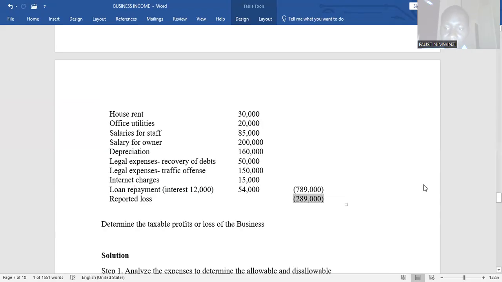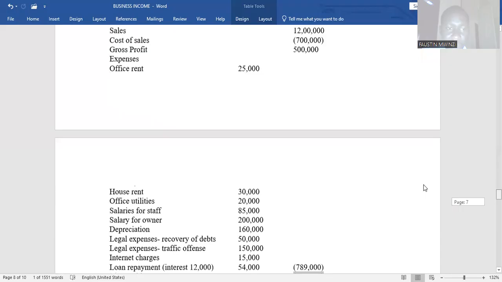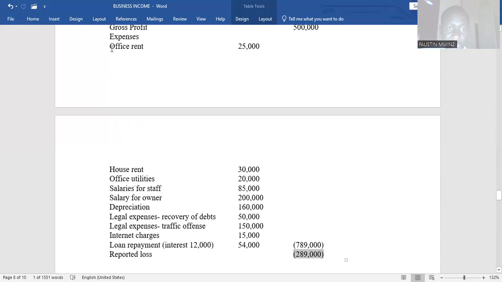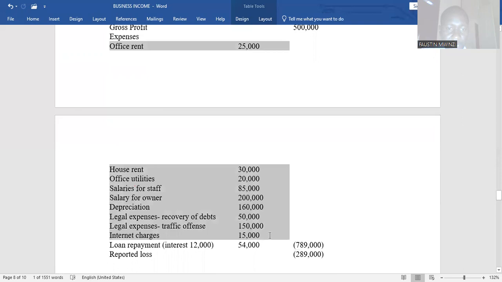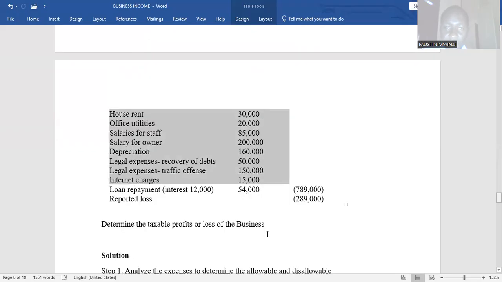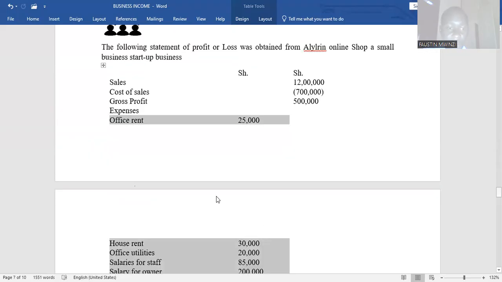We have to go back to our expenses, starting with office rent. Here is your list of expenses. Let us identify the expenses that are allowable and the ones that are not allowable. From this list of expenses, let us identify the allowable and disallowable expenses.